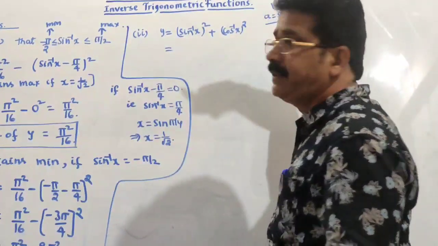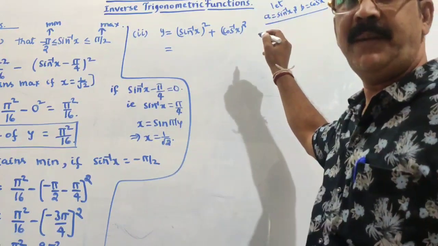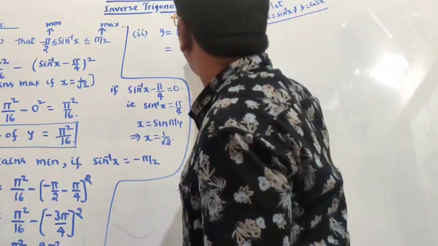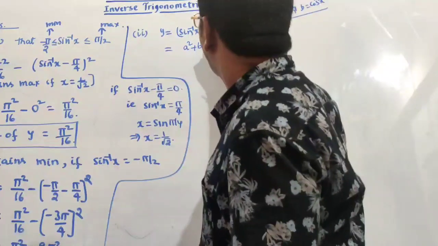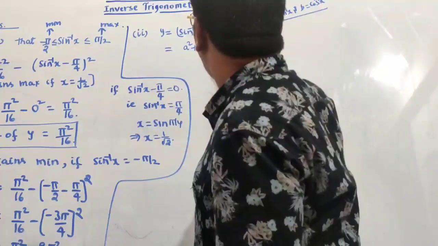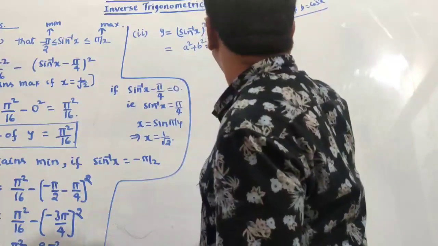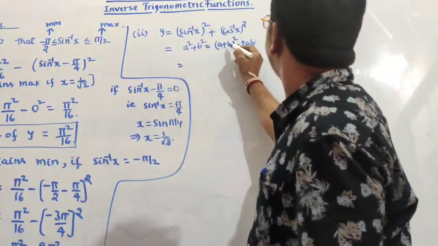Let it be like that. Is it visible? Next, it is in the form of a square plus b square. A square plus b square is equal to a plus b whole square minus 2ab.